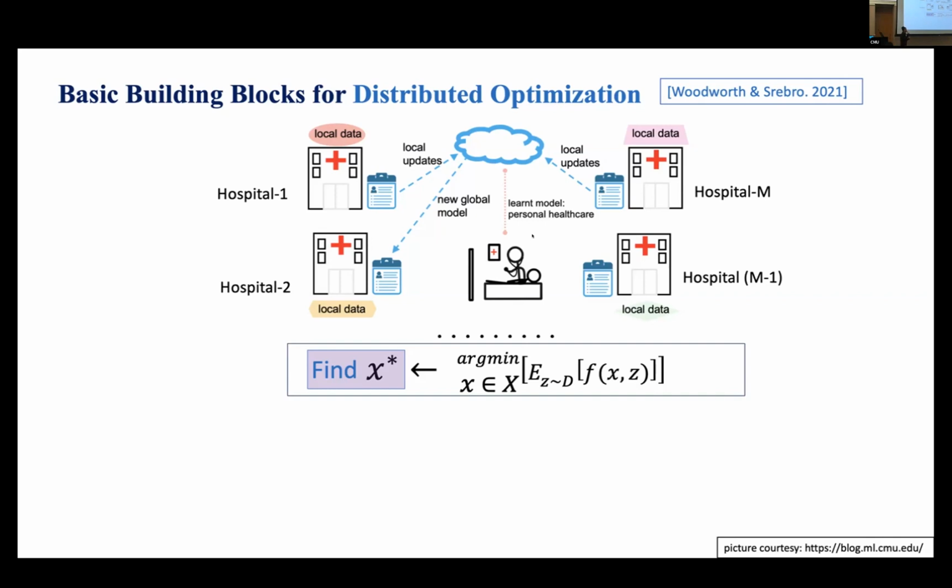The data should ideally not leave the local servers or the local hospitals. The patient features and the corresponding labels should stay within the hospital. Whatever you communicate globally should be some abstract quantity, which should not reveal anything about the patient.